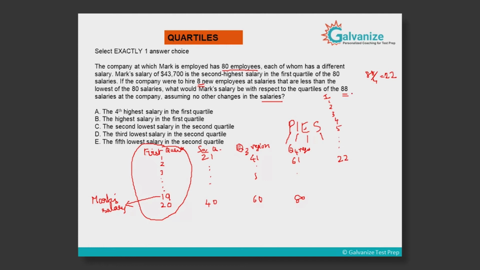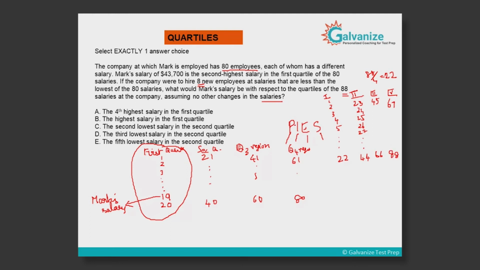Second quartile will have 22 salaries starting from 23 till 44. And then you will have the third quartile starting with 45 and it will go on till 66. And the fourth quartile starting with 67 will go on till 88.